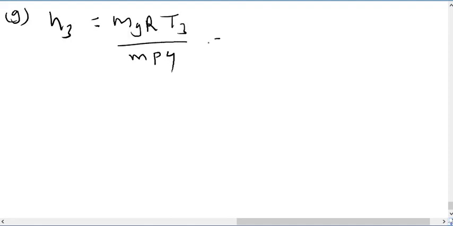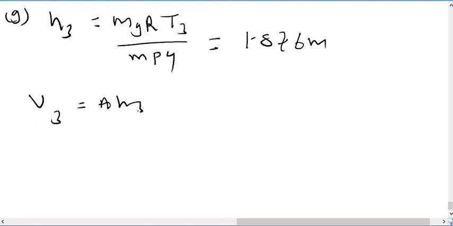So by substitution we get 1.876 meter. So V3 is A H3, which is equal to 9.378 times 10 to the power minus 3 meter cube.